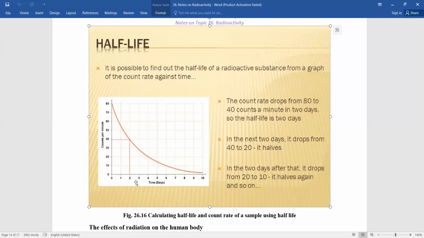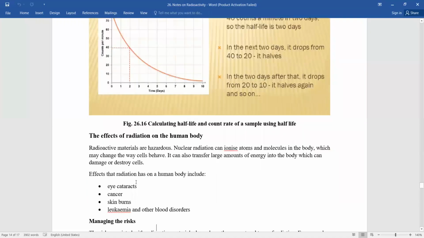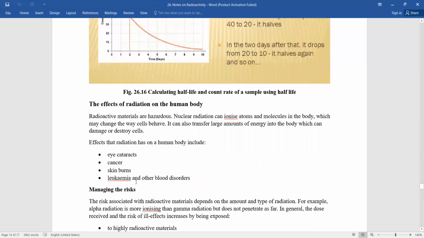I think you understood. Now we are going to understand the hazards, the radioactive hazards, in our life, in animals' life, in plants' life, right?